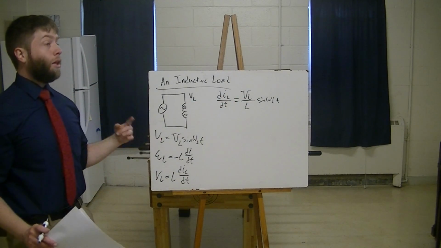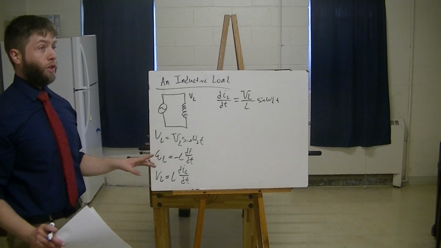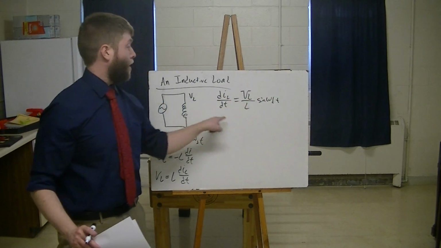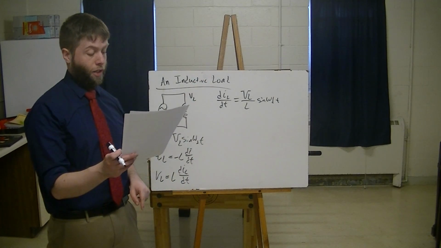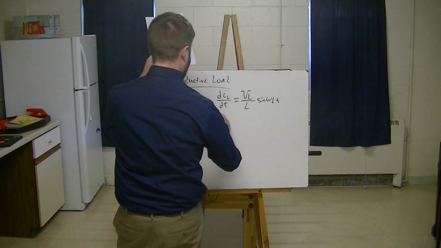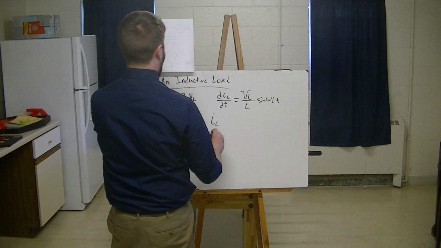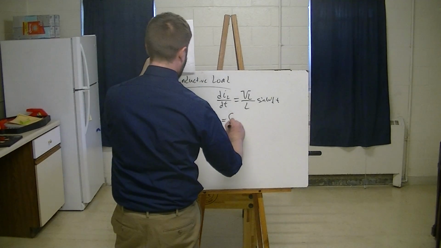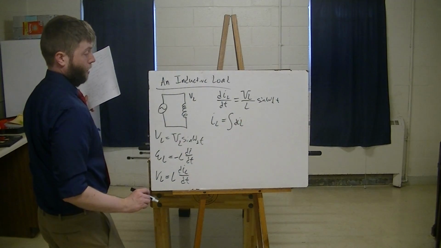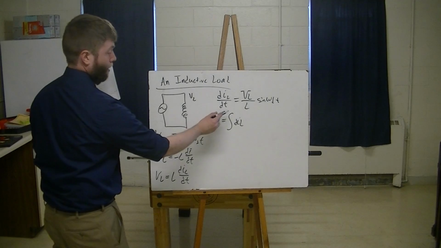So now I've got this. If I want to figure out the current, it should be pretty obvious what I'm going to do. I'm going to put the dt over here, and then I'm going to integrate both sides of the equation. To figure out the current across the inductor, I need to integrate the current across the inductor, this dIL.